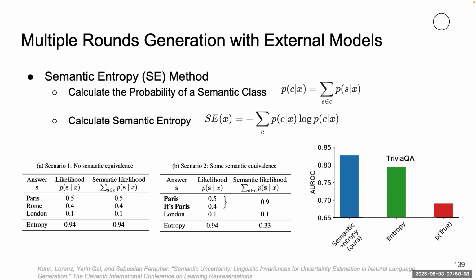And then if you're using semantic likelihood, you treat these two as one cluster and calculate the cluster's probability, right? So the probability of this cluster is 0.9, and when you calculate entropy, it's much lower than the previous one, right? And they also compare with the entropy and P2, and their AUROC is much better on the TriviaQA dataset.